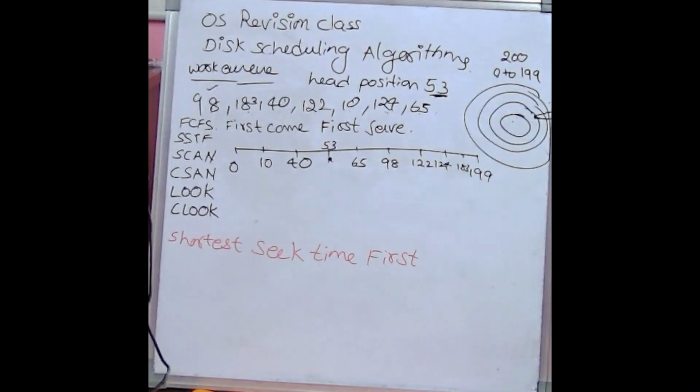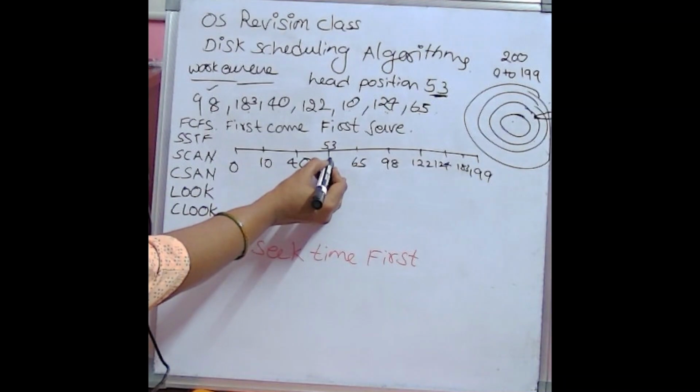That it will serve first. It will move to that cylinder to read or write the data. So according to shortest seek time, we check in the work queue which request is nearest to the current head position.